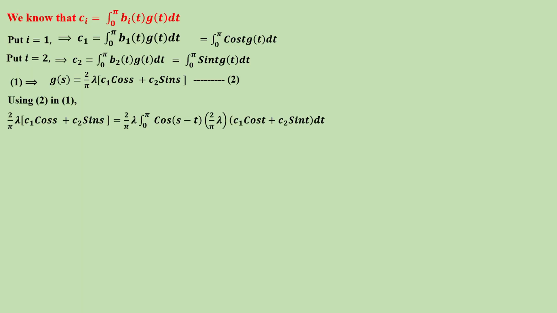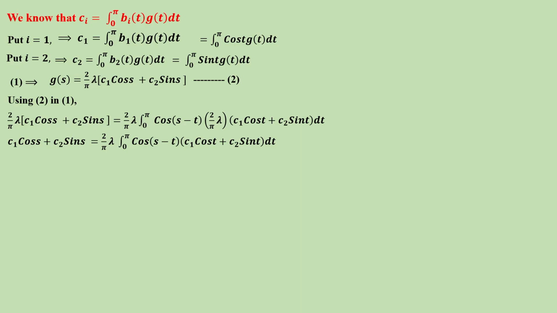Using 2 in 1, you get 2/(πλ) times (C1 cos s plus C2 sin s), which is equal to 2/(πλ) integral 0 to π of cos(s − t) times 2/(πλ) (C1 cos t plus C2 sin t) dt. So the 2/(πλ) gets cancelled on both sides.